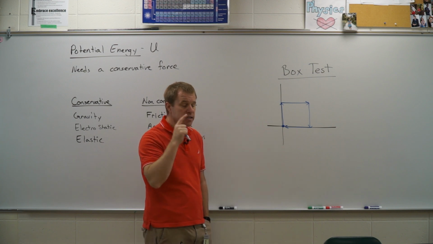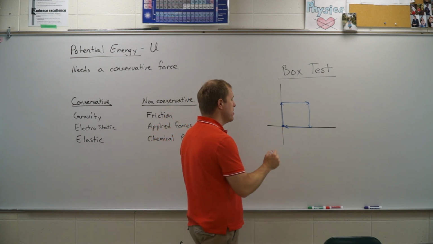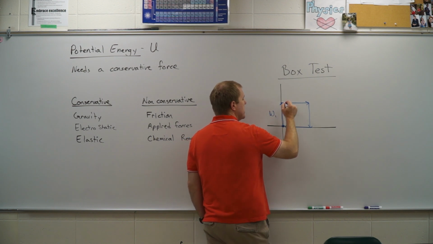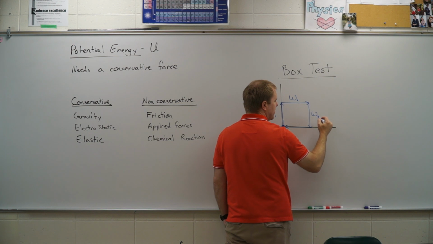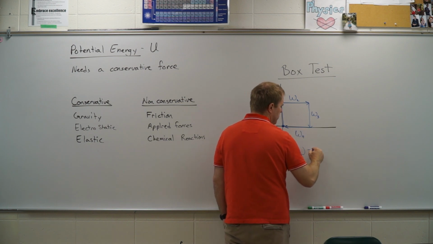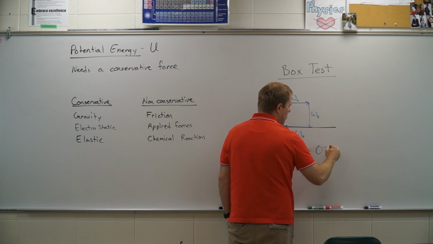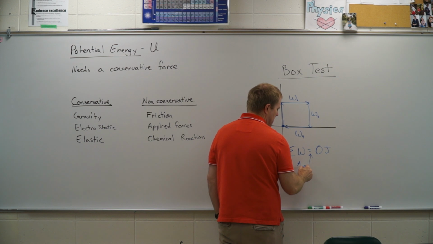And the idea is we've started and ended in the same spot. So our net work should be 0. So all we have to do is find the work of each one of these legs of our trip, and then add up all of those works and see if it equals 0. So we're going to test this theory.